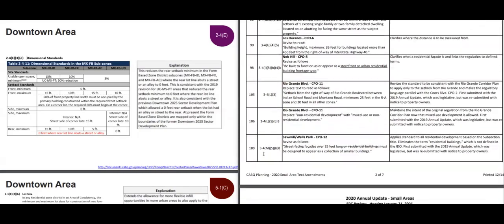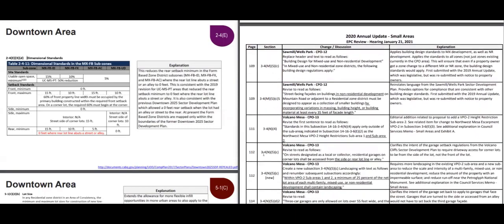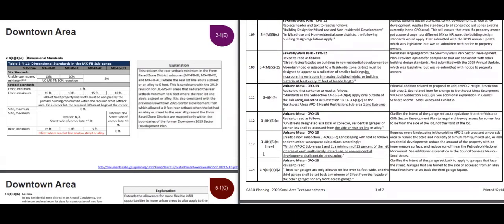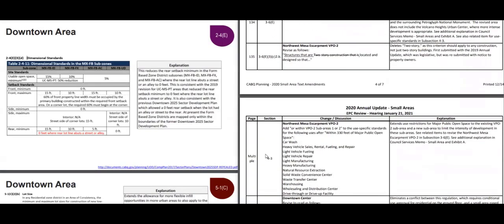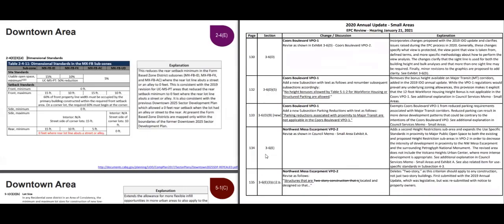The next change that applies in or near downtown is in the form-based, in the use standards section. Scrolling to find that.